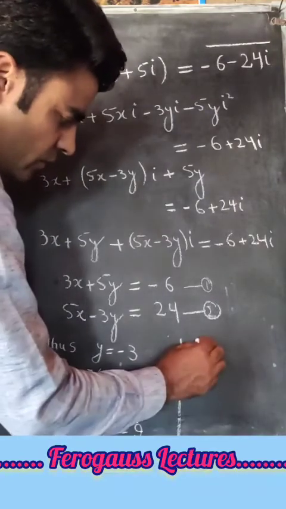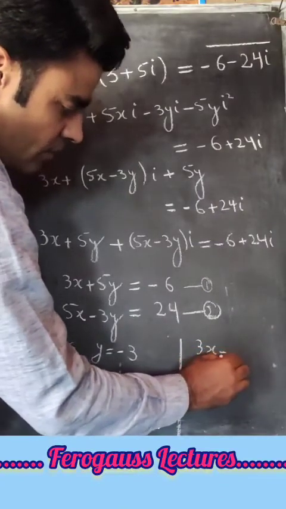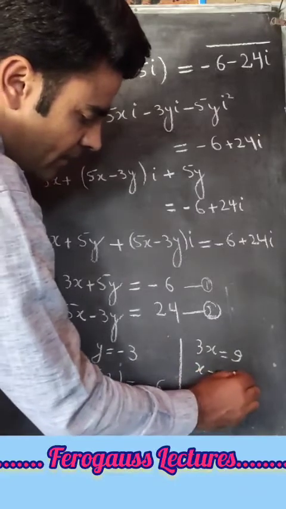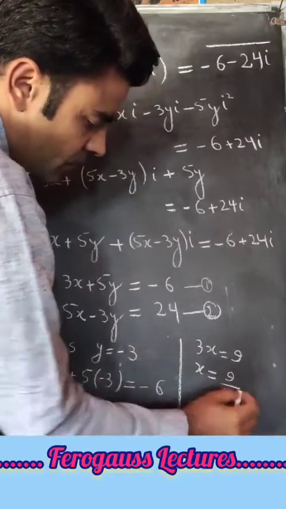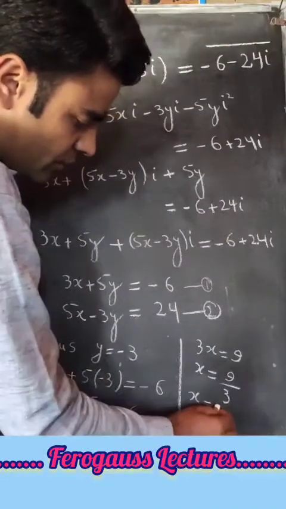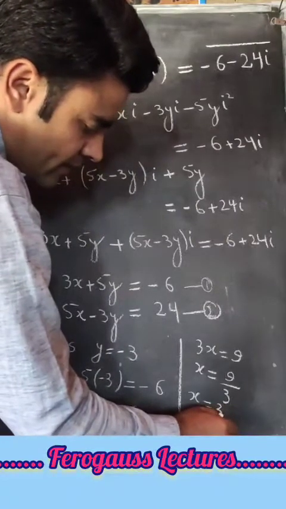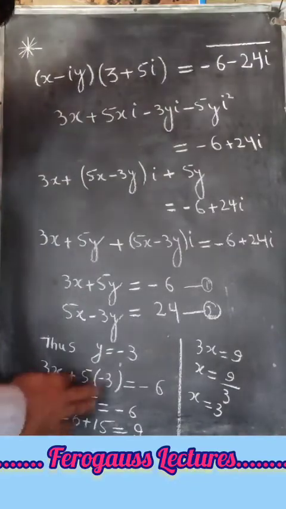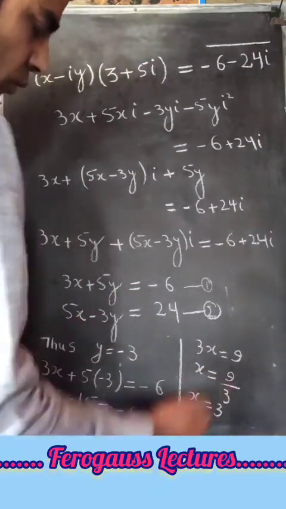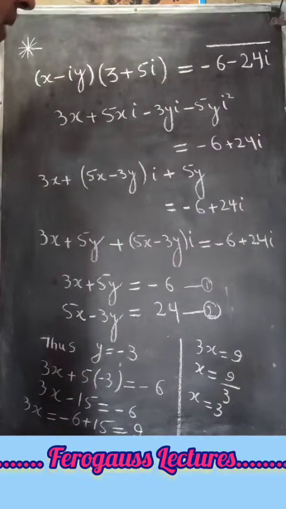Thus we can write 3x is equal to 9, or x is equal to 9 by 3, which further implies x is equal to 3. 3 ones are 3, 3 threes are 9, so we get x is equal to 3. Thus y is equal to minus 3 and x is equal to 3. This completes the question.